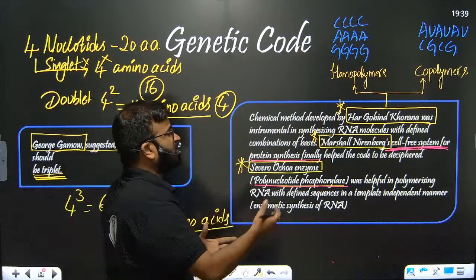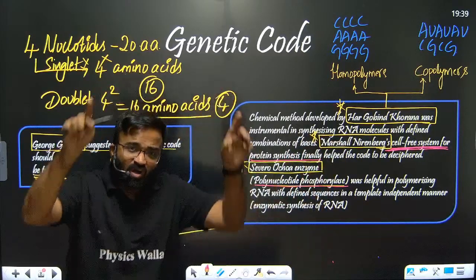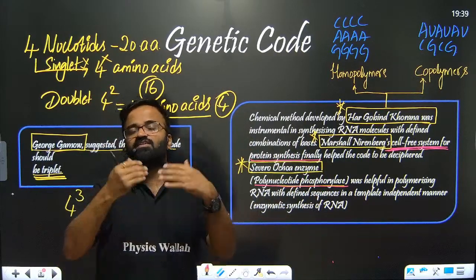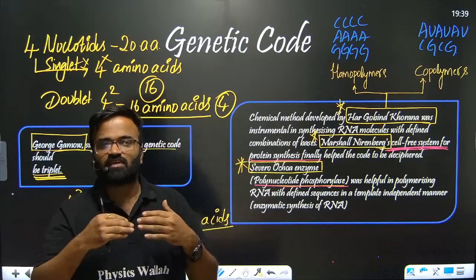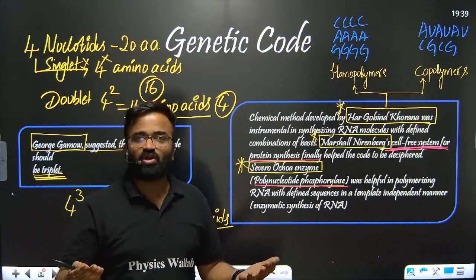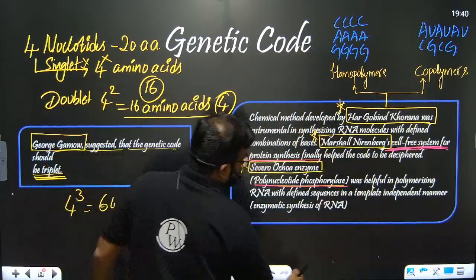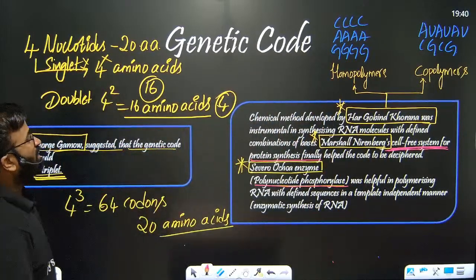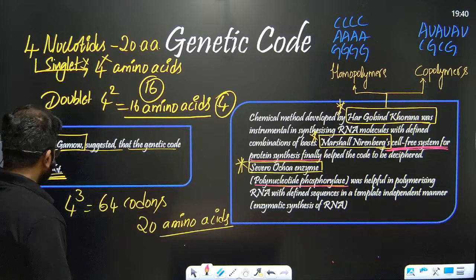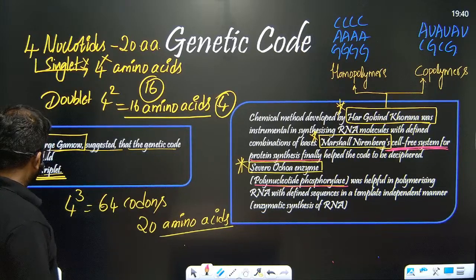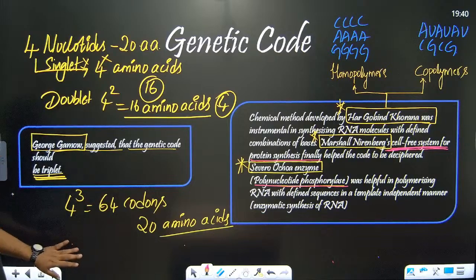And finally, Marshall Nirenberg, without the help of a cell, developed a process to synthesize proteins. There you go, you've got all the ingredients. So based on these four scientists' contributions, we have finally deciphered the genetic code.